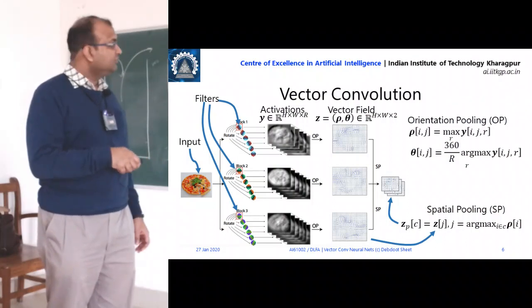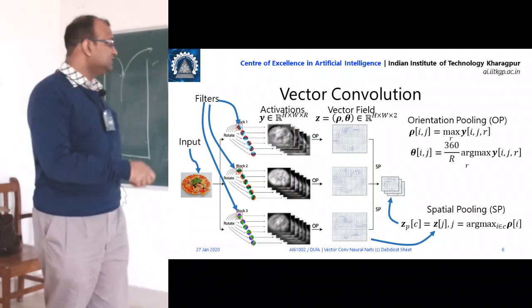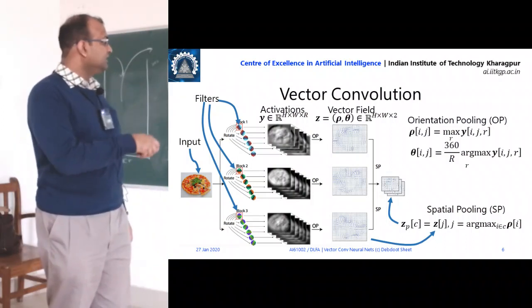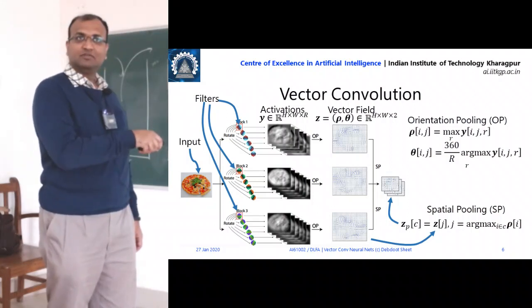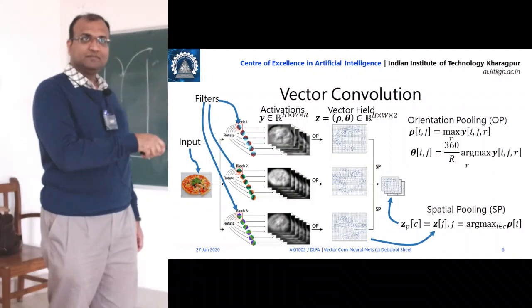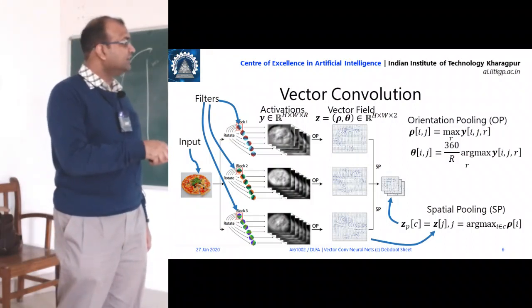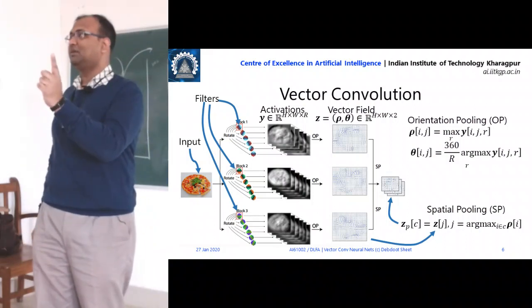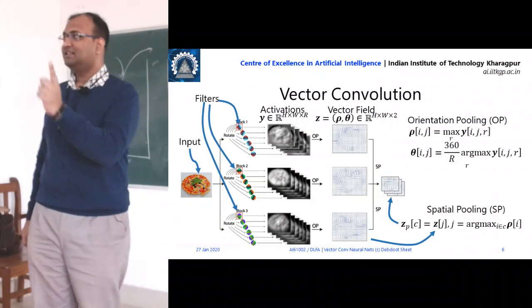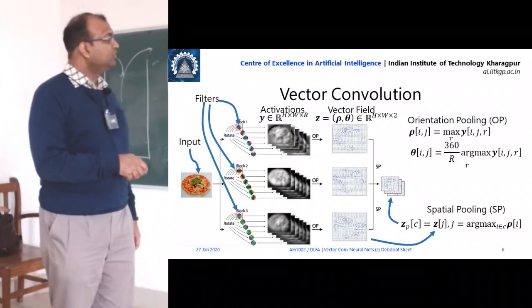Now the point is, you need to do something called orientation pooling. Say I have these 3 different unique filters. For each of the 3 filters I got this set with R number of channels. Over this, what I essentially do is find the direction in which I have the maximum amplitude, and store that in terms of rho theta, where rho is the maximum amplitude.